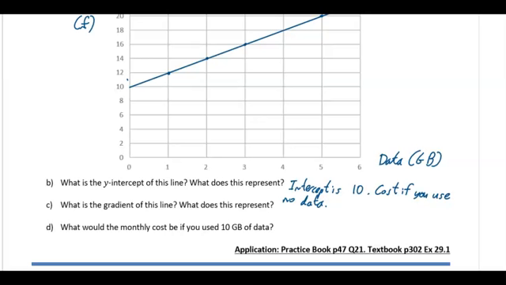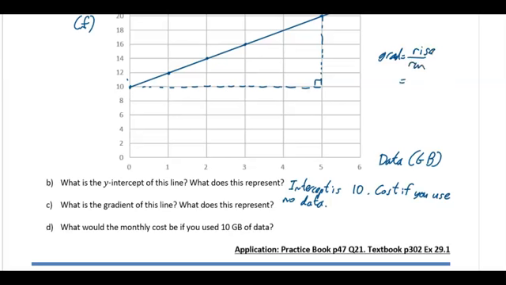It says, what is the gradient of this line and what does it represent? Well, let's just look at the gradient first of all. So I'm going to pick this point, and I'm going to pick this far away point up here. So if I do a wee dashed line along here and link this up as a right angle triangle, you probably already know the answer for this, but if you do this, you can say your gradient is equal to, remember, rise over run.